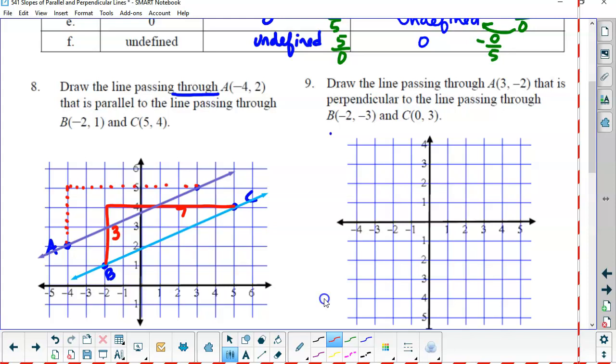Okay, next one. Draw the line passing through A that is perpendicular to BC. All right, so A is 3, negative 2. Perpendicular to the line passing through B, which is negative 2, negative 3, and C, 0, 3. Okay, so I'm going to draw a line going through that again. Invest in a ruler if you haven't already.